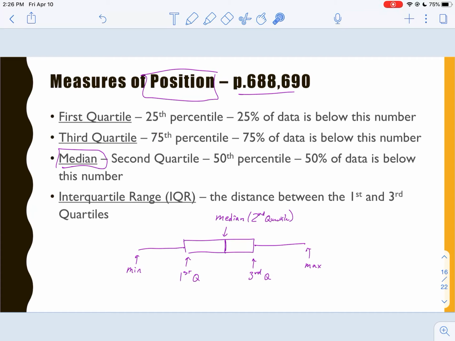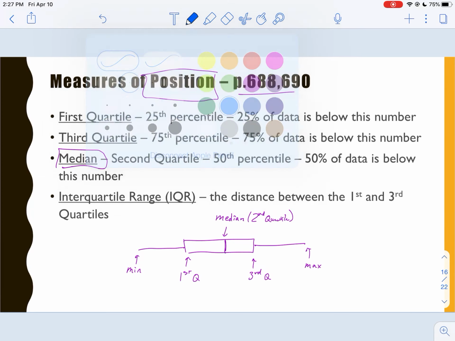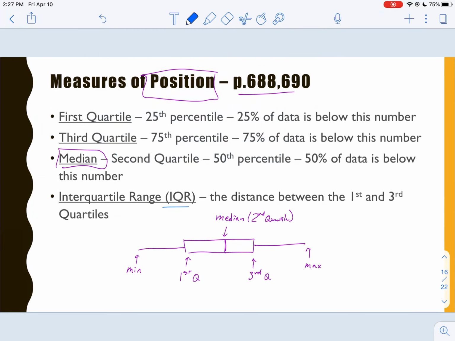The third quartile is the 75th percentile, so 75% of the data is below it, the rest is above. The median is the same as the second quartile or the 50th percentile, 50% above, 50% below.